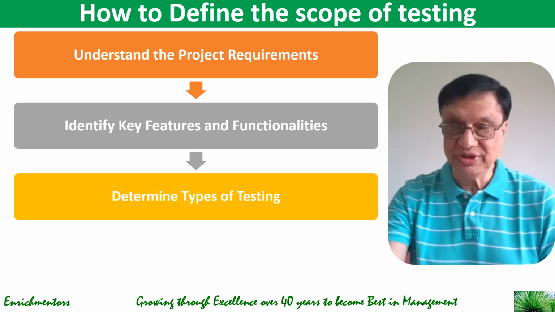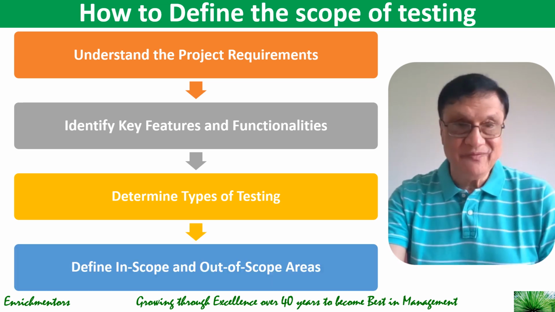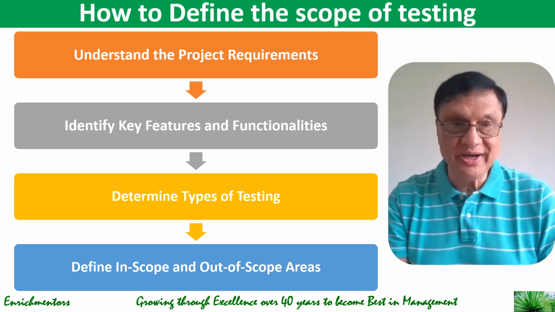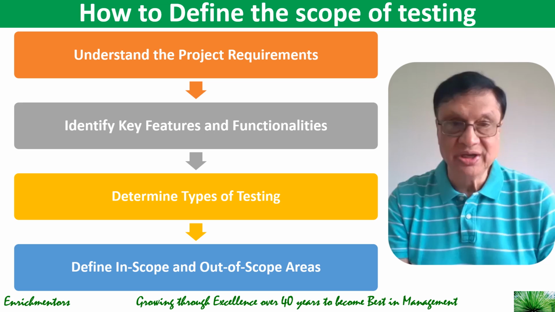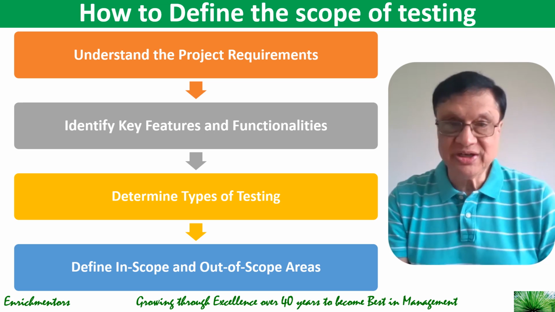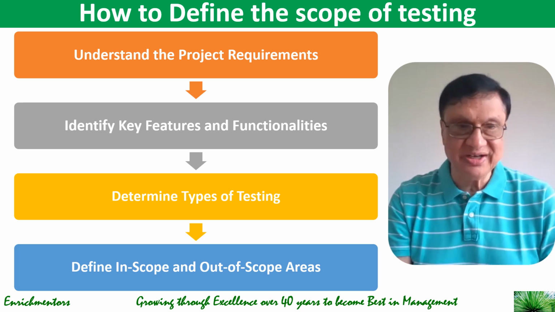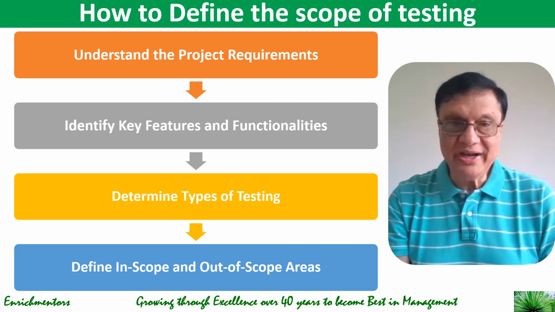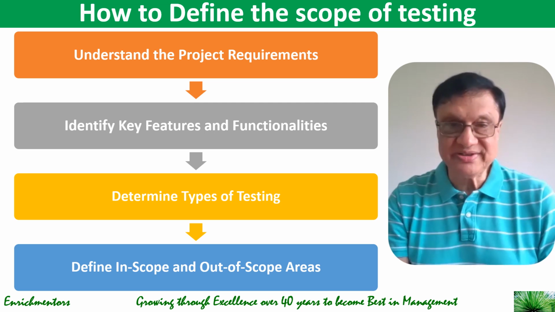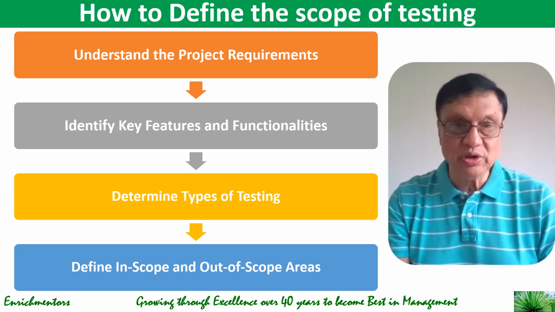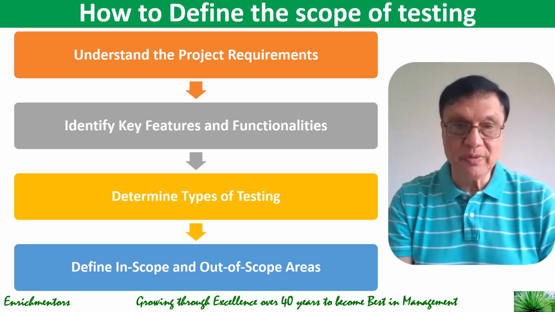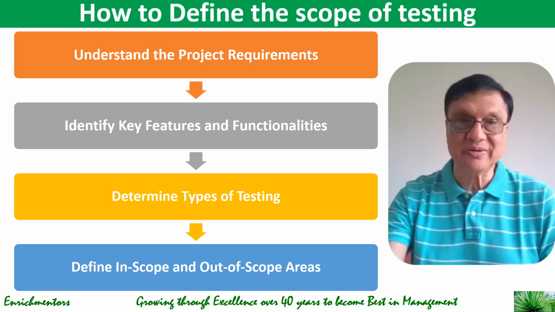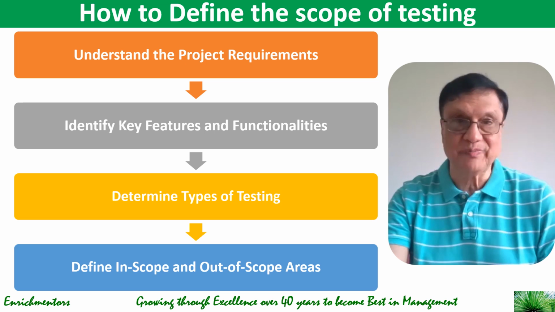The fourth step is to define what is in scope and out of scope, by clearly stating what is in scope for testing, including all critical functionalities and interactions, and also identifying what is out of scope, such as features not yet developed or third-party integration. You develop what is called a scope boundaries document that defines your testing scope.